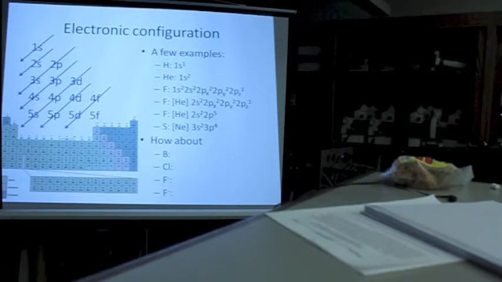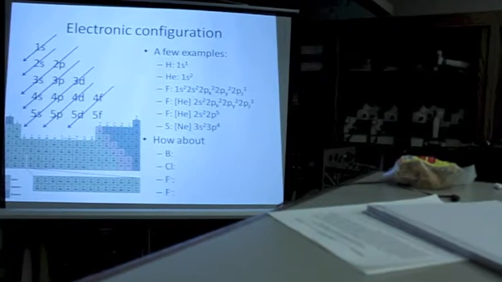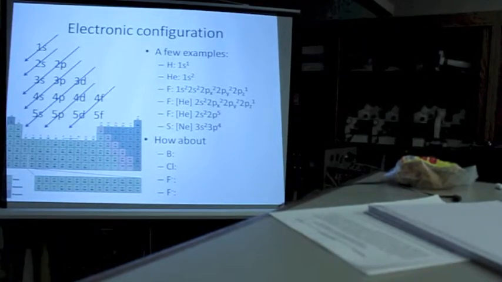So then we can move down to the next row, and we can go through the same process, where now we have the s orbitals over here. So lithium and beryllium would be putting electrons into that 2s orbital, since we're in the second row. And then we have all these p orbitals that show up. And so if we jump to the end of the story, we go to fluorine here.